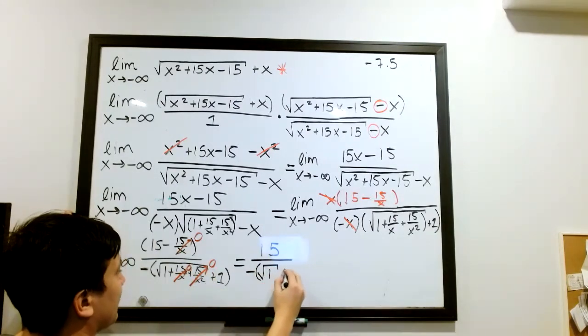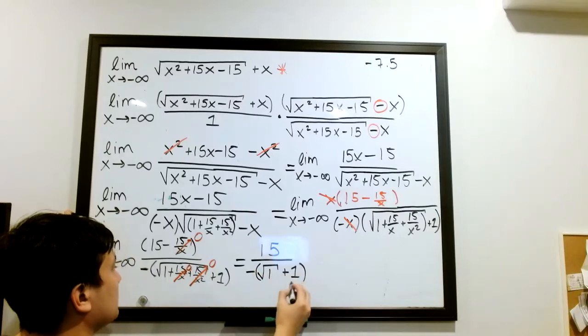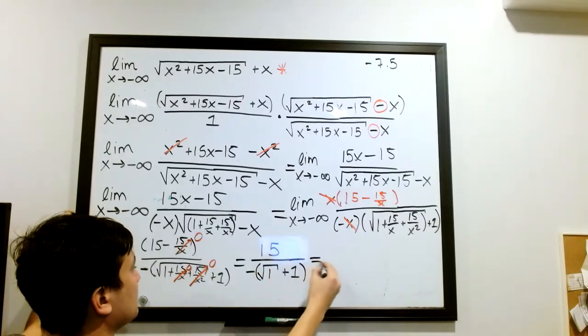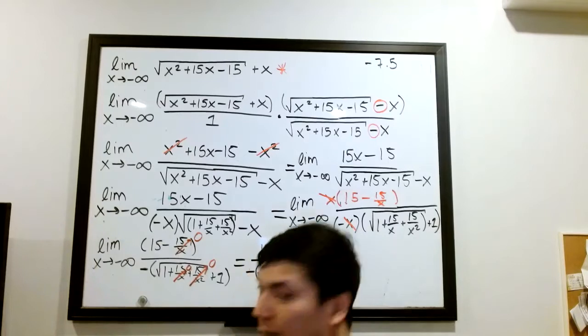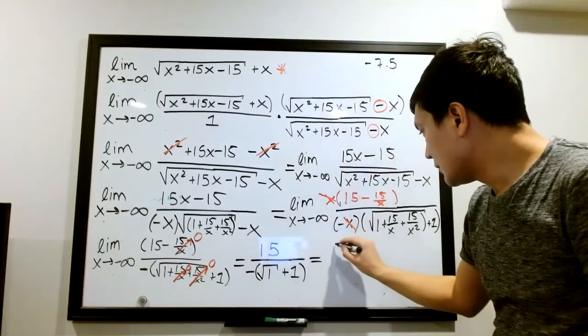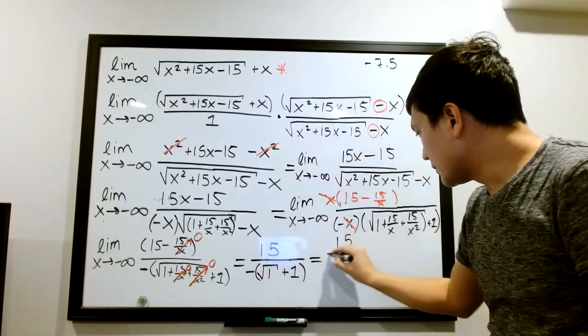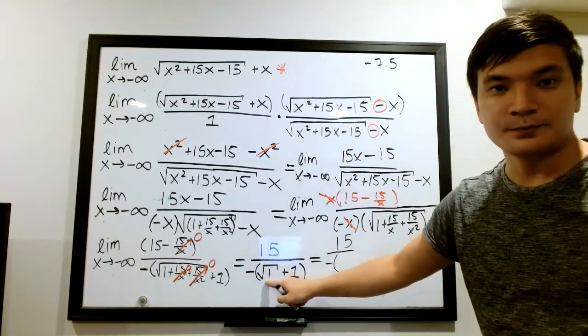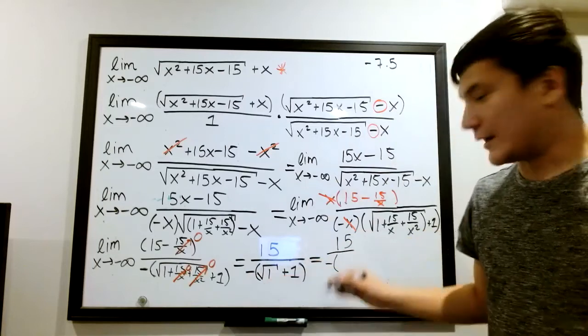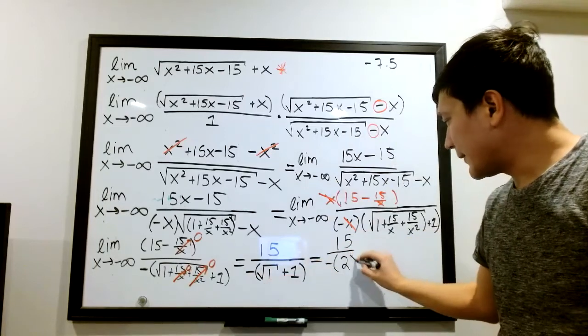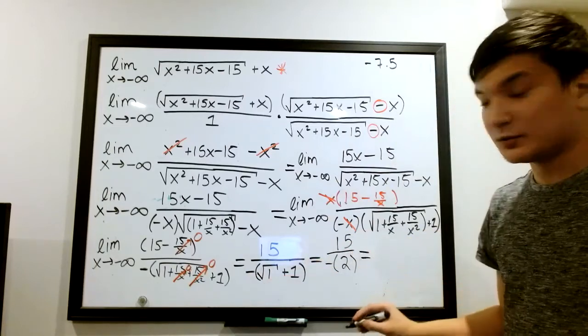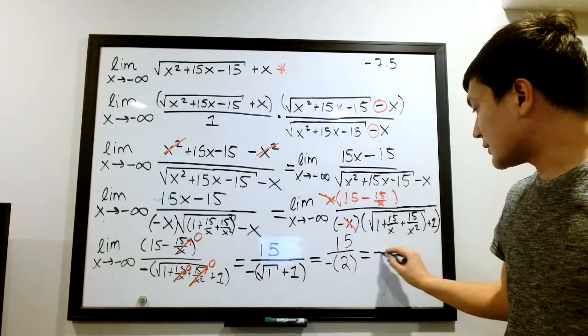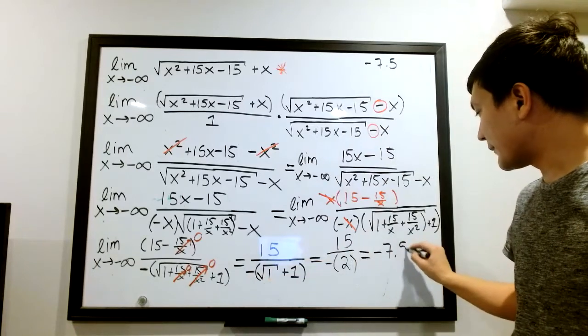Sorry, there's a bracket here, plus 1. And this gets us 15 in the numerator, negative in the denominator, and the square root of 1 is just 1, plus 1, so that's 2. So we have 15 divided by negative 2, and this simplifies to negative 7.5.